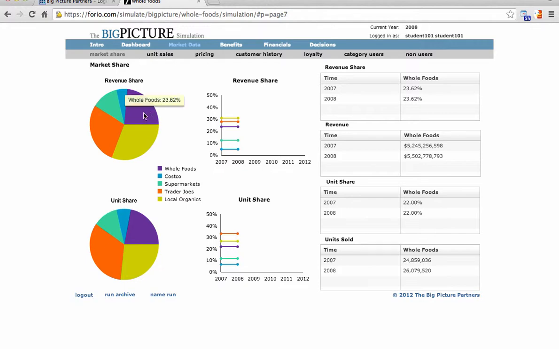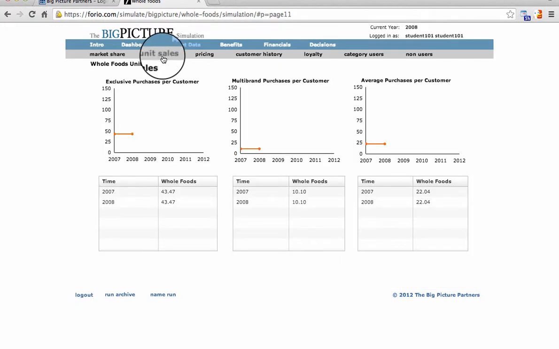On every screen, you can roll over graphics to see further data. And the data is also presented in text form. Unit sales information is presented by type of customer.